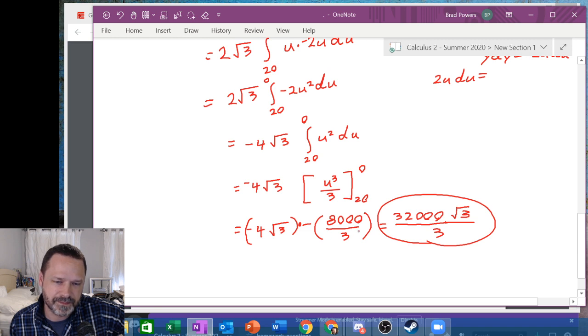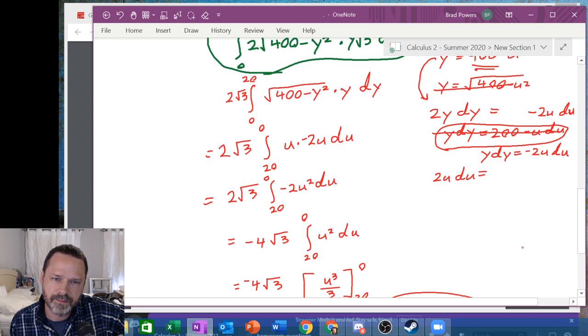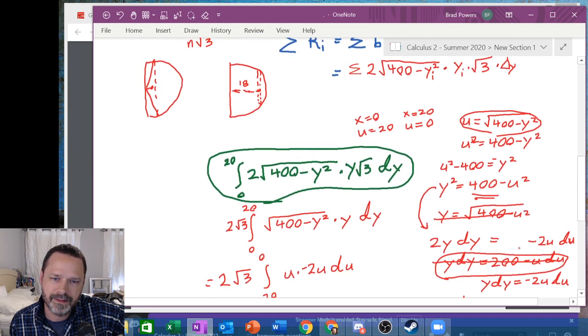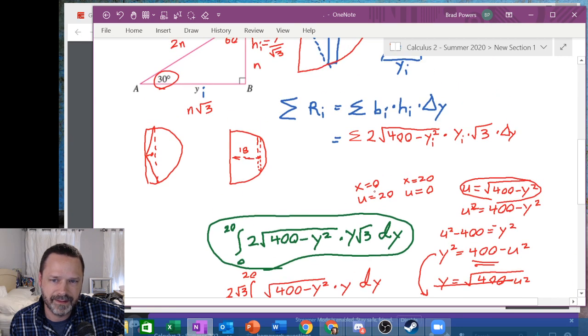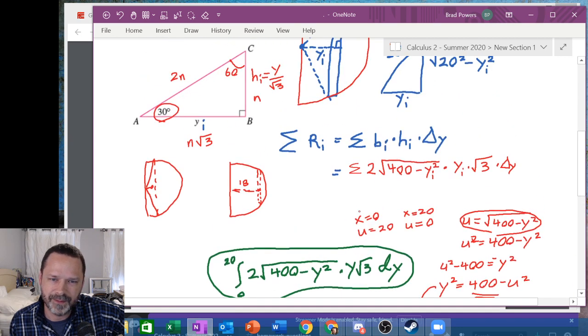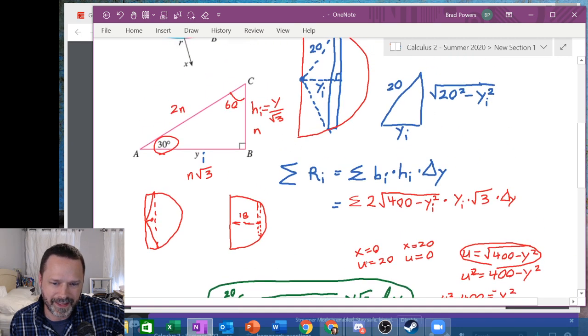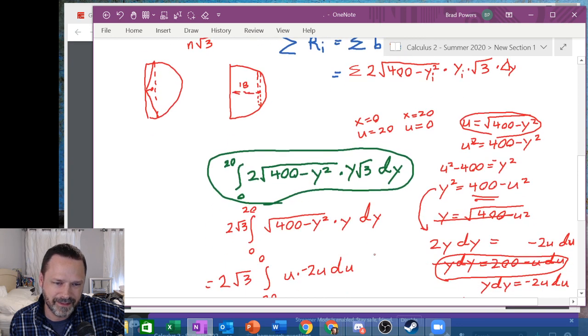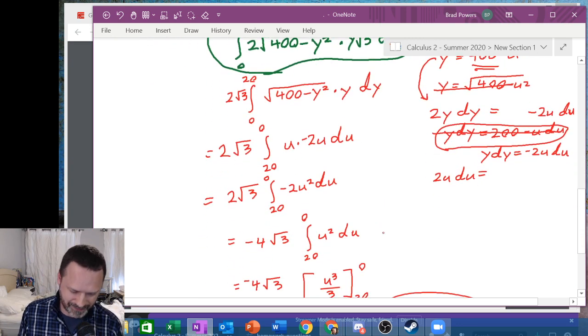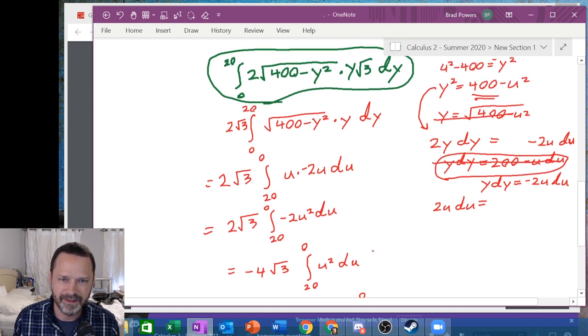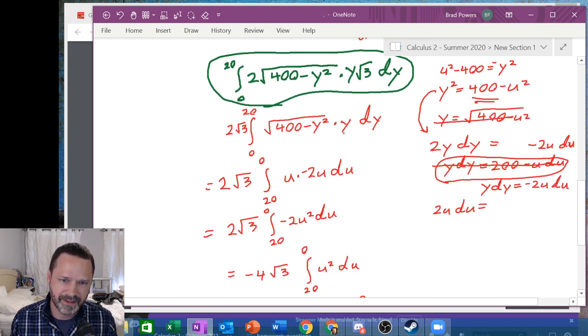Didn't we say that h of y is y over square root 3? Oh, did I? Yeah, and there it is. Yes. So h of y was y over root 3, and I put y root 3. Once again, I'm just making tons of stupid mistakes today. Yes, thank you. So that was a mistake. Which means I wouldn't have had a root 3 out here.